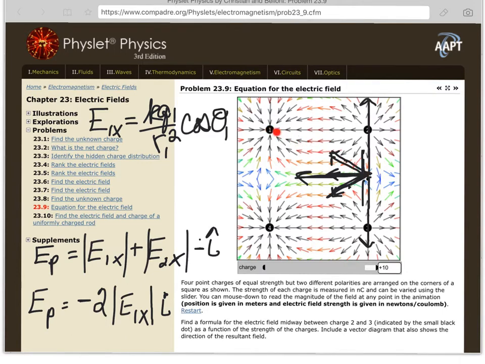So this distance is the square root of 5 over 2 times s. But it's going to go in here as the square, so that's going to be 5/4 s squared, this distance.